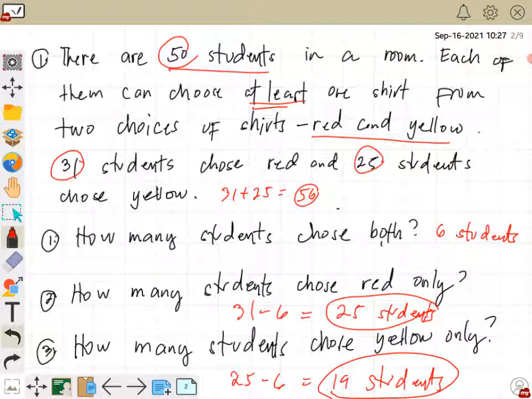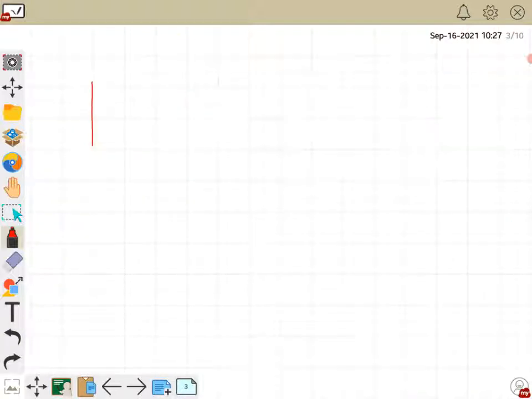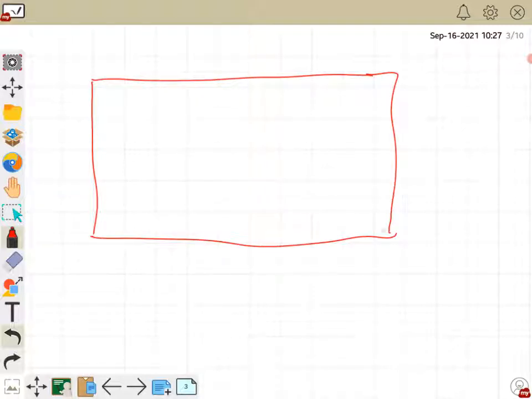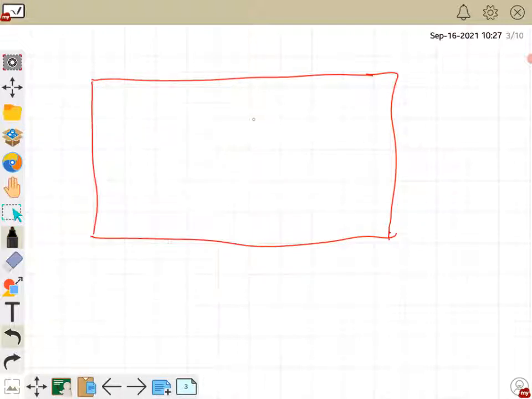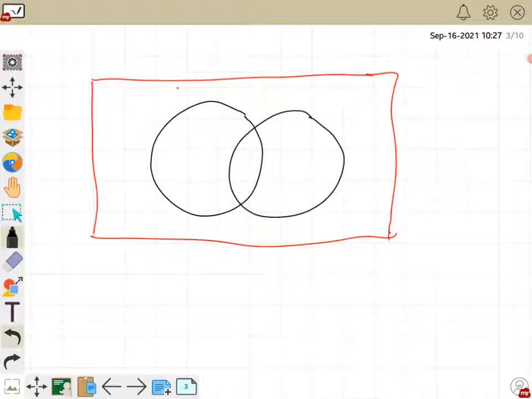So if you're going to make that in a Venn diagram, it goes like this. This is the 50 students, so they are required to choose at least one. Let's say that's the condition. So this is, let's say, the red and yellow.